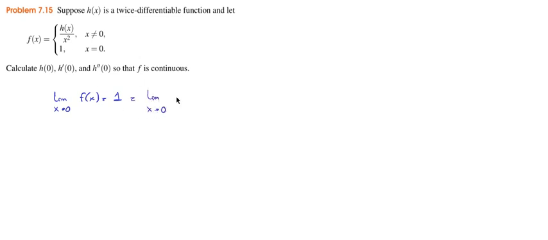Well, that means that the limit when x goes to 0 of h divided by x squared is going to be 1, right? But the denominator is going to go to 0, right?